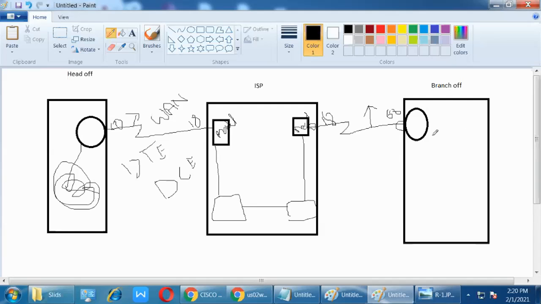This is the local area network, connected to multiple switches. The communication between these two devices is WAN communication. From here, whatever LAN port you are using doesn't matter.